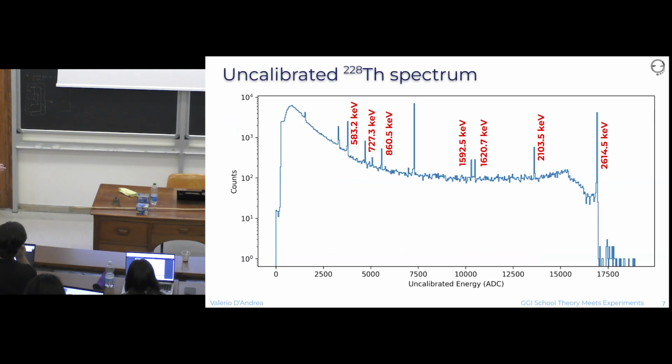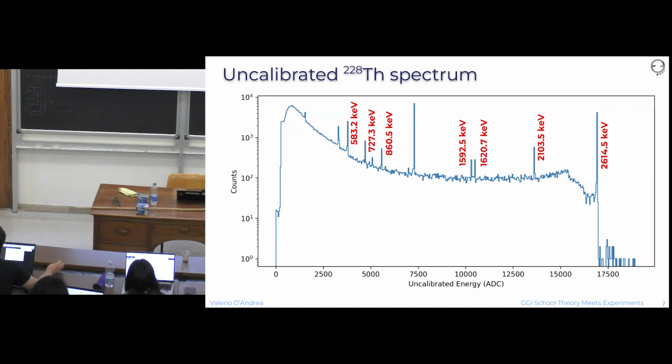As you will see when you plot the uncalibrated spectrum, you will find the peaks. These correspond to 7 gamma lines at the energies that I'm writing here.